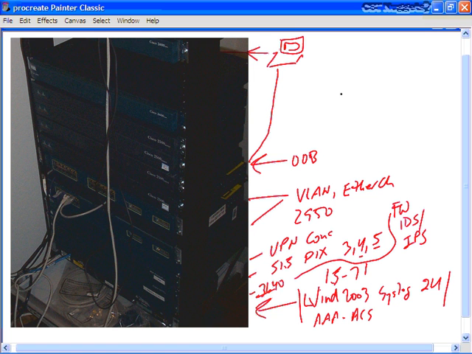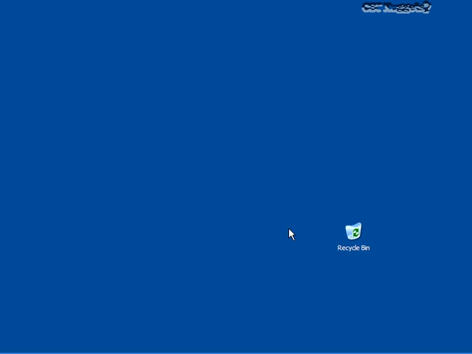So this is just an idea of all the different types of network devices you would see in a typical small to medium-sized business server room, and you should be aware of these types of devices as an auditor. One thing you can do as an auditor to help the company lower its total cost of ownership is to master and leverage existing tools, existing built-in utilities on the operating systems.